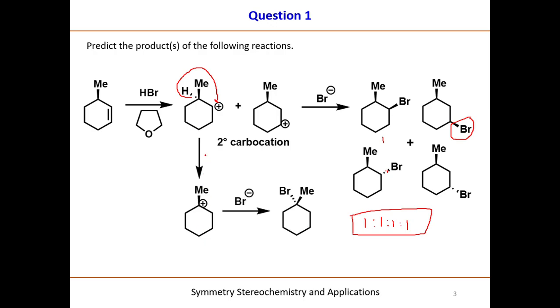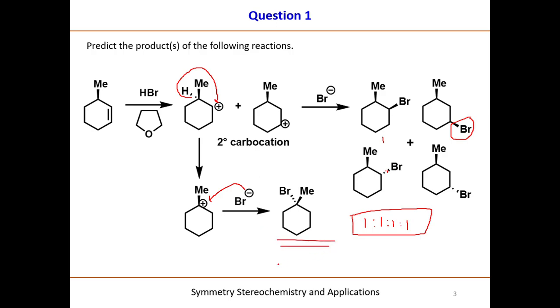So if you see here, this hydride will transfer over here, and we will get carbocation formation at this tri-substituted carbon atom. A stereo center will generate in this molecule, and because it is a tertiary carbocation, it is more stable, and the bromide ion will attack over here, and we will get this single product.